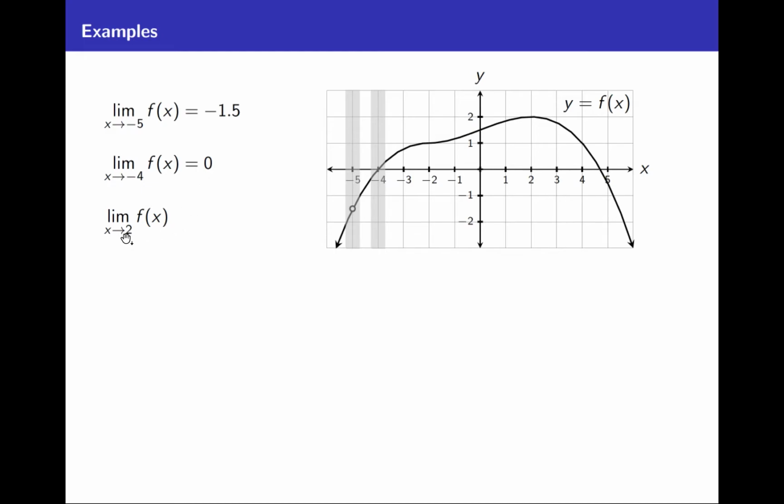And then the limit as x approaches 2 of f of x. Well, here's 2. Look at a narrow strip around 2, and you can see that when x is close to 2, our f of x values are really close to 2 as well. And the closer and closer x gets to 2, the closer and closer f of x gets to 2. So the limit as x approaches 2 of f of x equals 2.